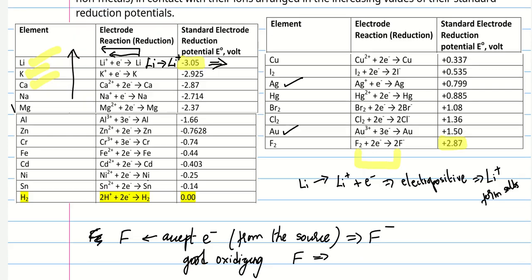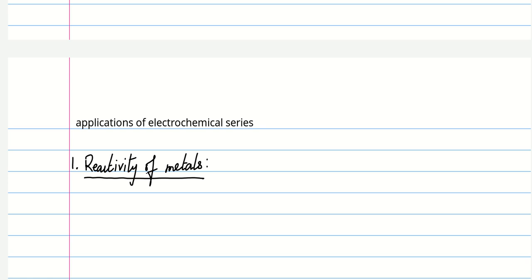So the first application of the electrochemical series is that one can judge which metal is reactive and which is not that reactive.